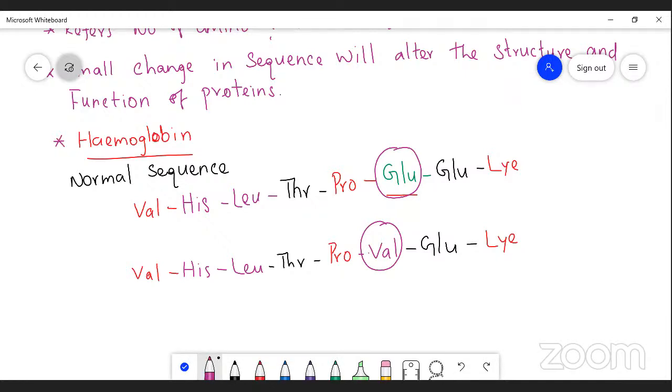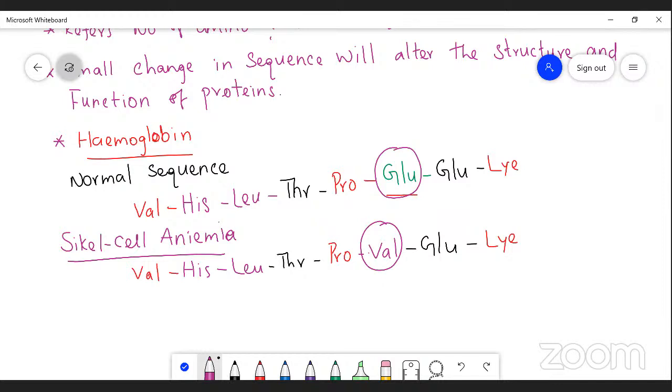The sickle cell anemia that is created by changing the sequence means hemoglobin loses the capacity to carry oxygen from the lungs to the tissues.